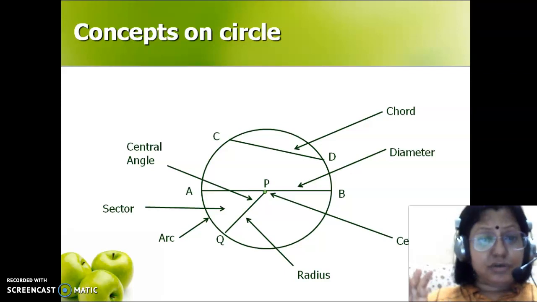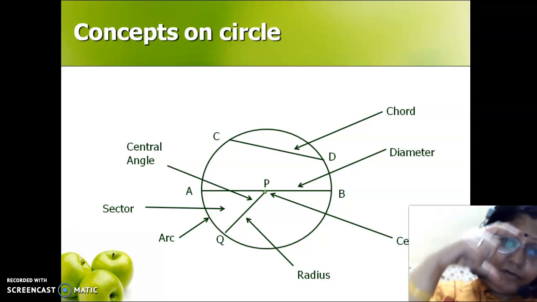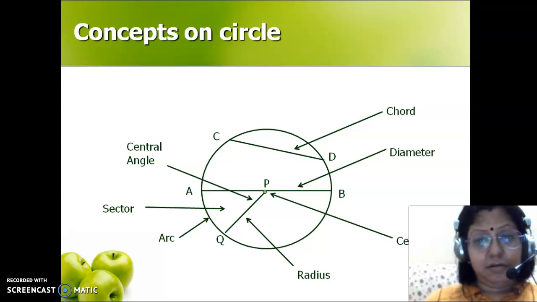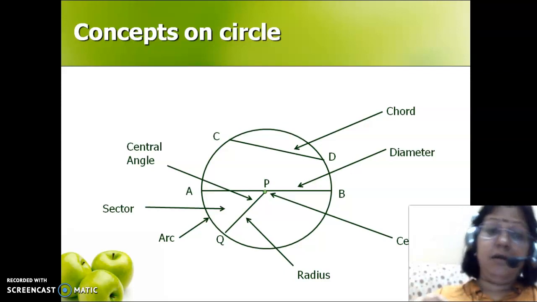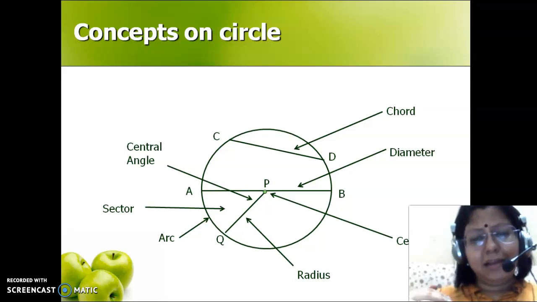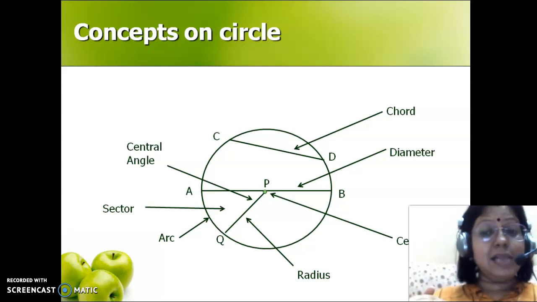But just to understand, an arc is nothing but the part of a circle which joins 2 points on the circle. What is central angle, children? Central angle is nothing but the angle which is formed at the center. So my angle APQ, my angle QPB and my angle APB are nothing but central angles.